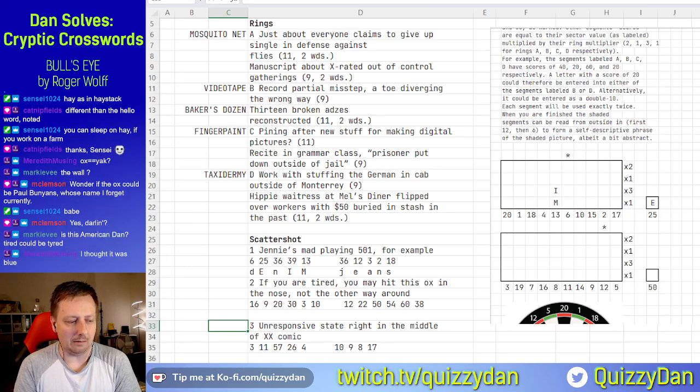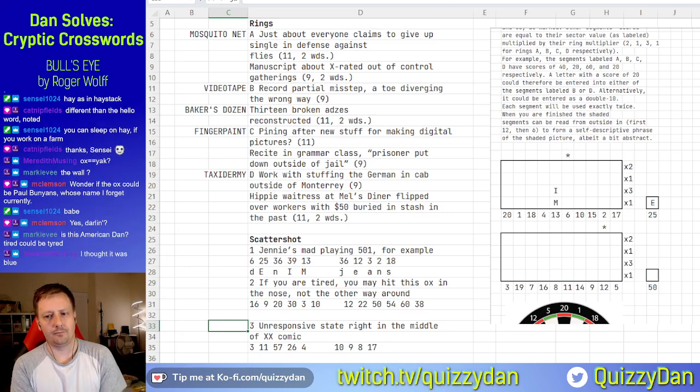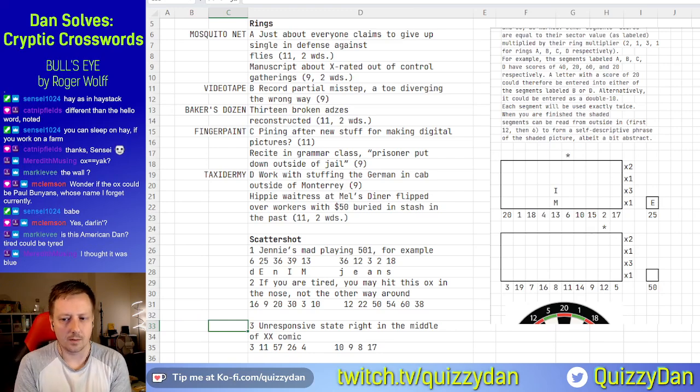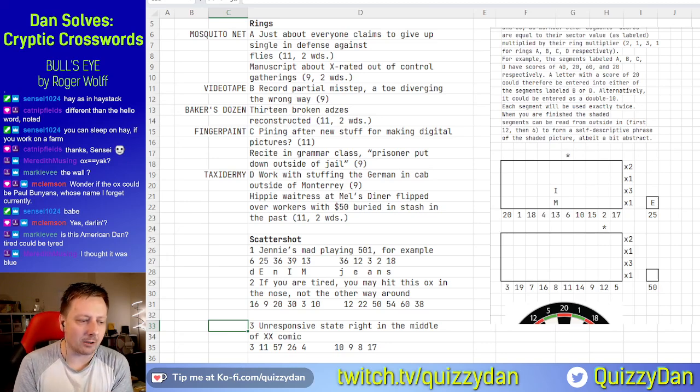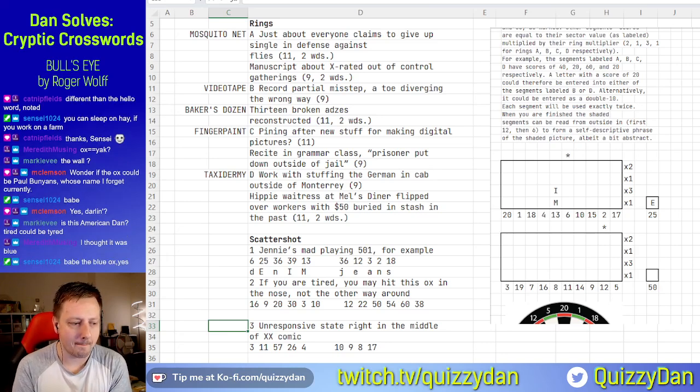Right is R. It is American. So it could be tired as in the tyre of a vehicle. That is true. Unresponsive state. I think something.